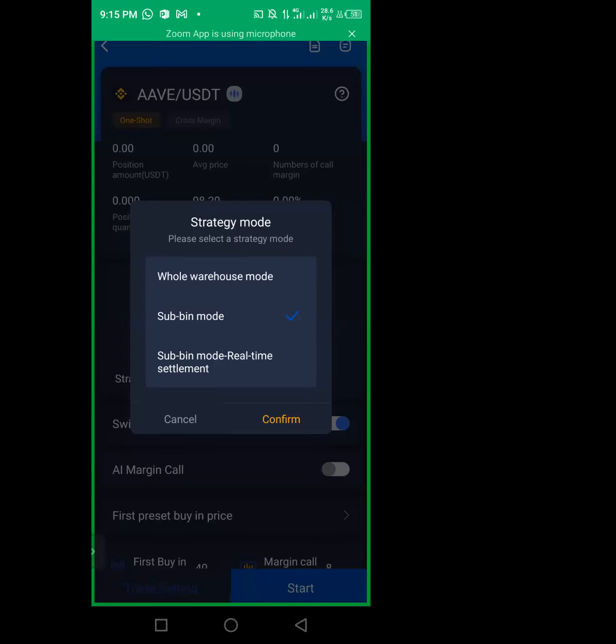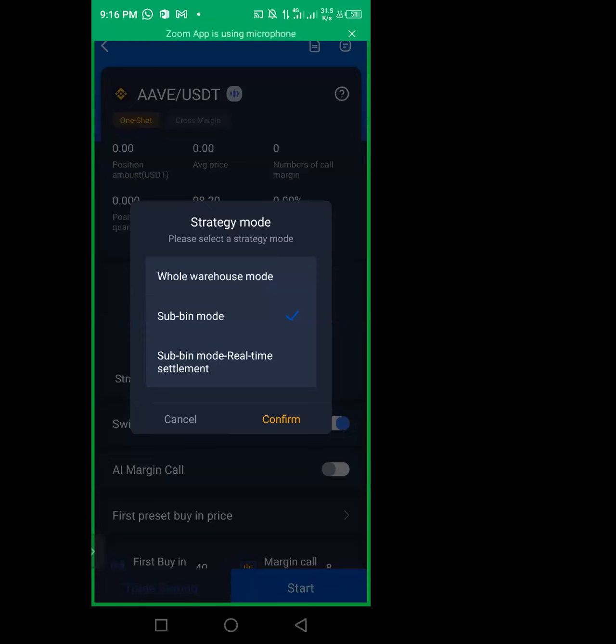Then the sub-in mode. The sub-in mode is what I explained that the businessman will do. But in Royalq, when you select the sub-in mode, after the businessman buys the bags of rice, the first two he bought at 50,000, and the price now starts going down, he will be buying. He will buy some at 40, some at 30, some at 20.